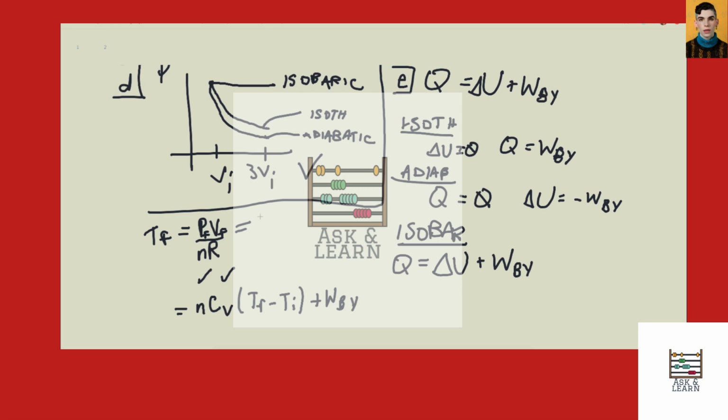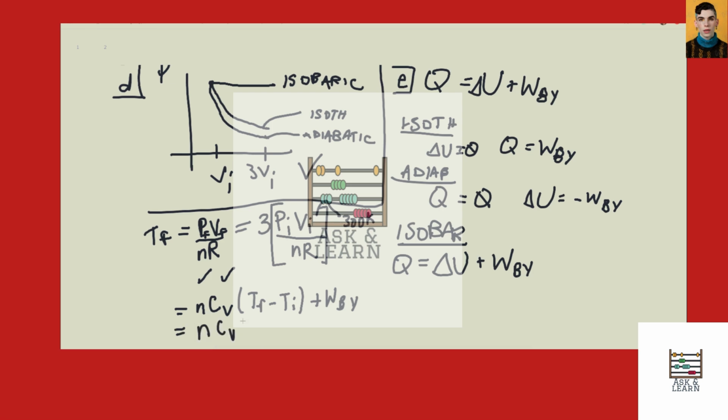Yeah, actually that might be better, because that's going to be equal to 3 P initial V initial, because like I said, P initial is P final, divided by nR. And we know that this thingy, PV over nR, is T initial. Ooh, so clever. Which is 300 Kelvin. So T final is 3 times 300 Kelvin, so this is 900 Kelvin. So that's kind of a lot.